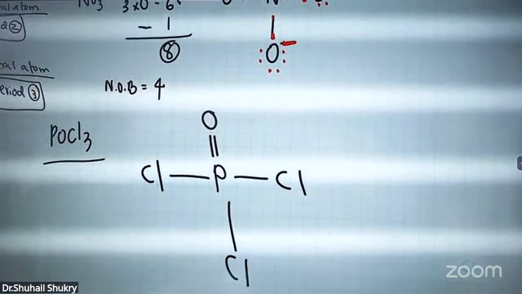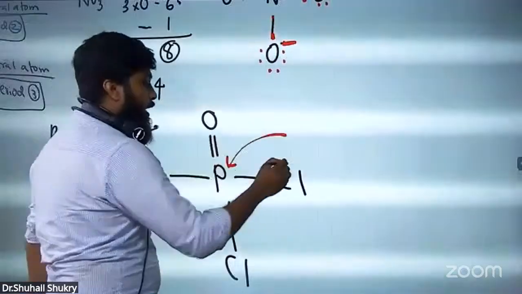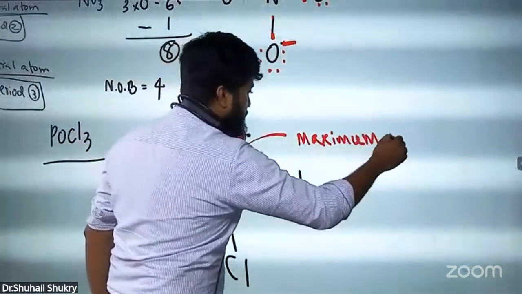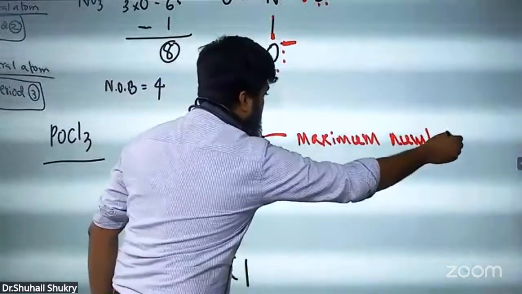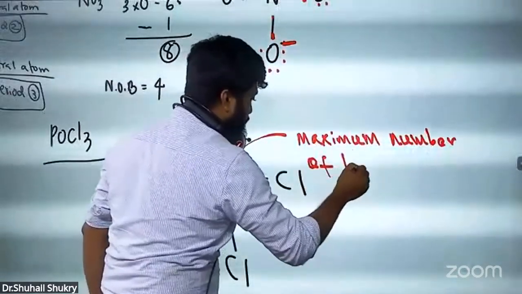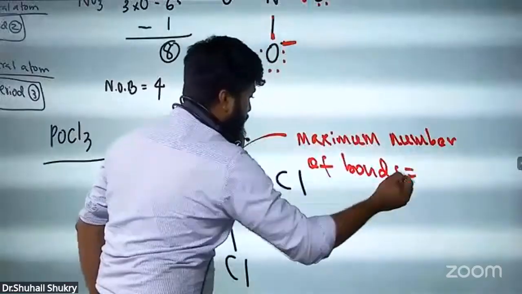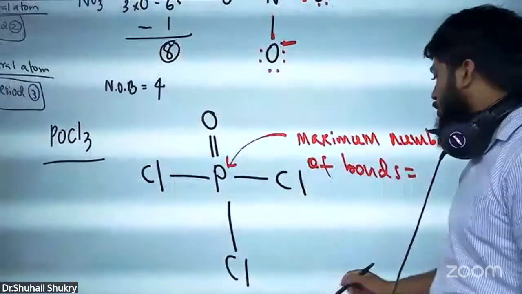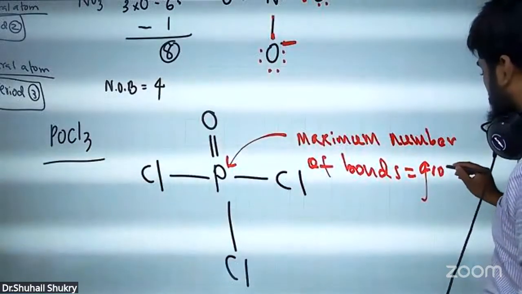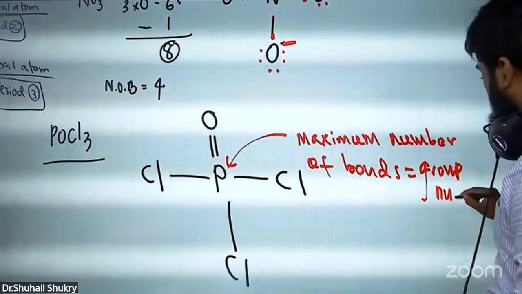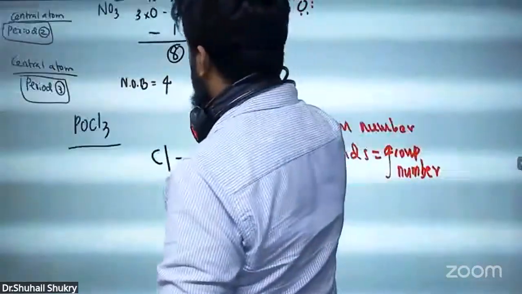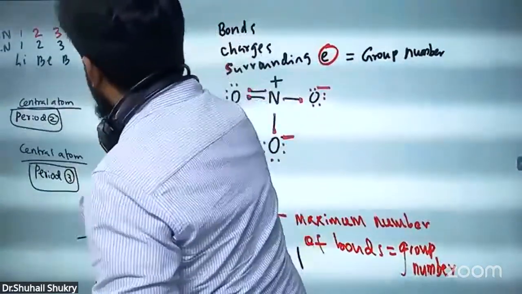Remember, the maximum number of bonds a central atom can make is equal to its group number. Phosphorus belongs to the 15th group, the 5th group, below nitrogen.